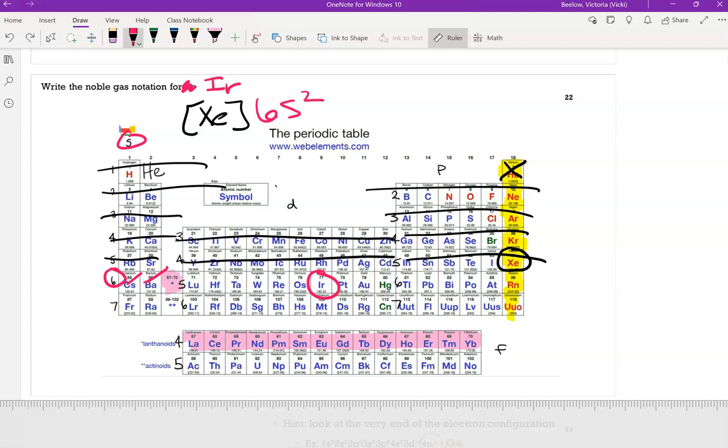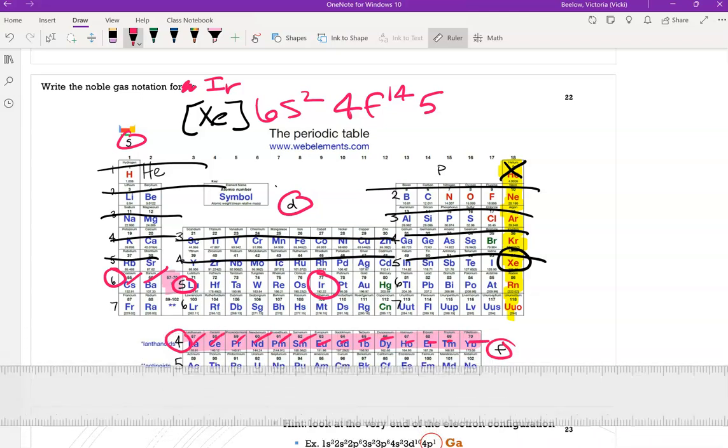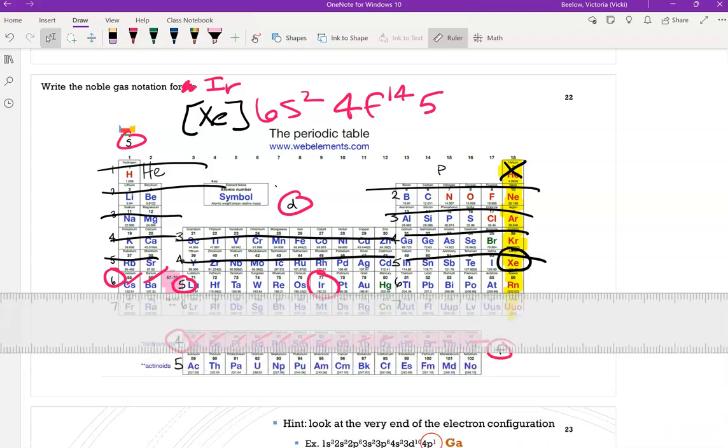Instead of going to 5d, I'm actually going to go 4f, and there are 14 boxes. Then I can continue here at 5d. When I was reading, I read here, and then here, and now I'm going back up to here. So 5d, 1, 2, 3, 4, 5, 6, 7. 5d7.